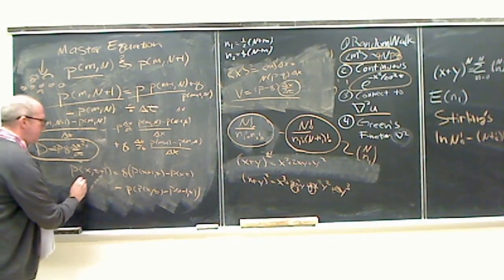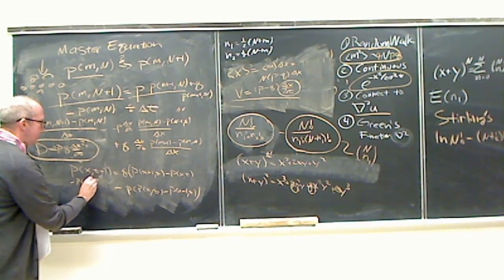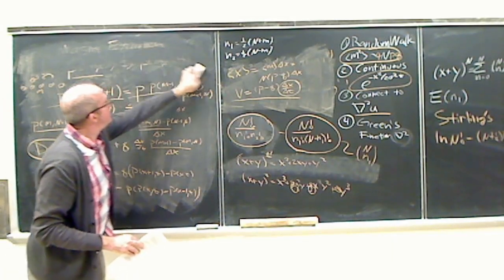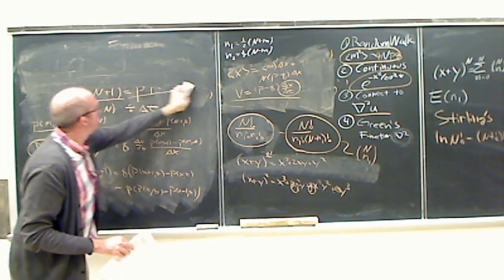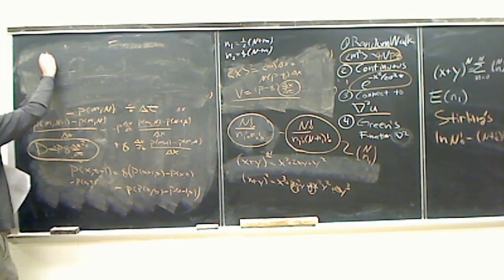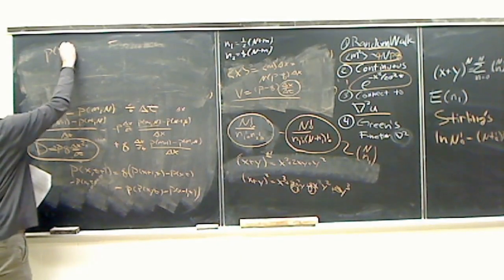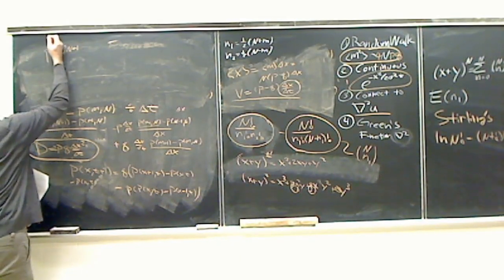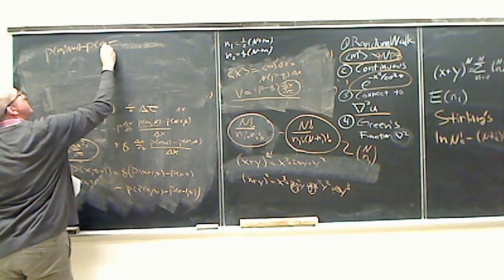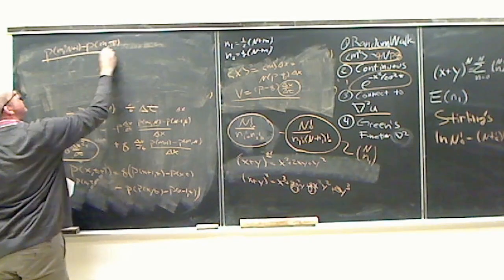Oops, I've got a minus P of x and t. So let me do this again. P of x, n plus 1, let's leave it as m plus 1, minus P of m, n over delta t.